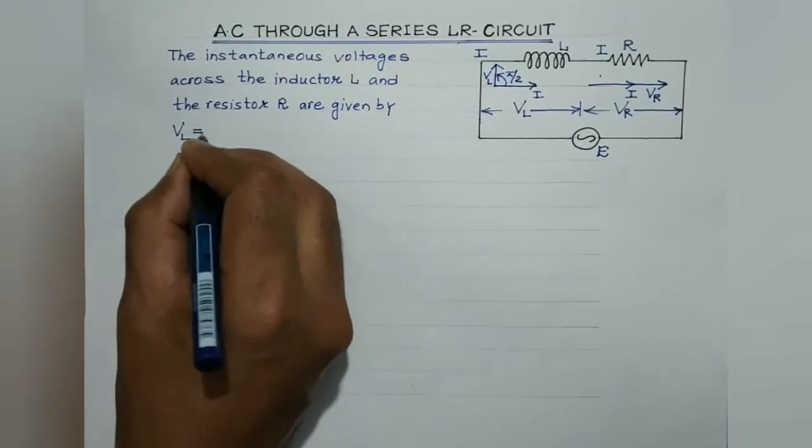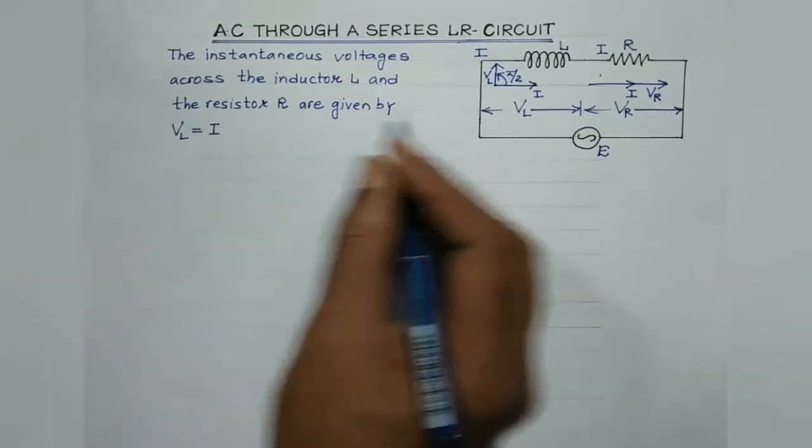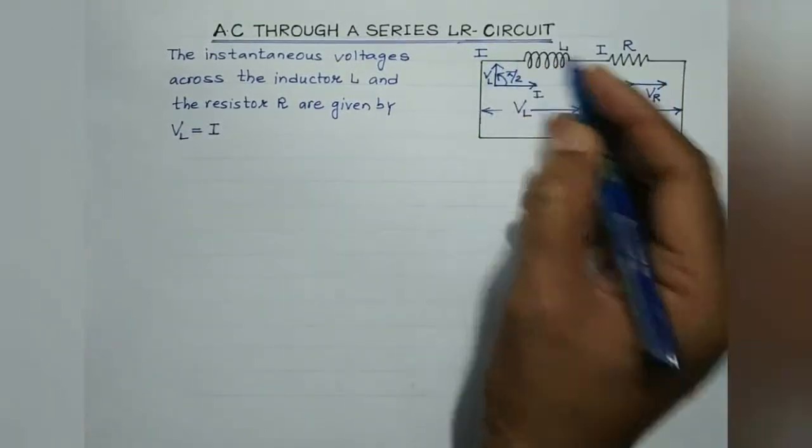So obviously it is at the instant the current flowing through the circuit element is considered to be I.